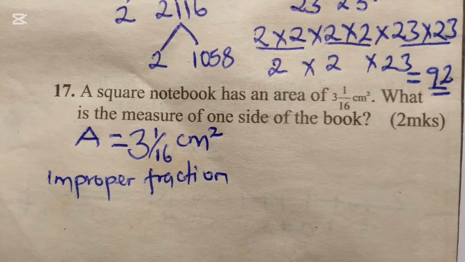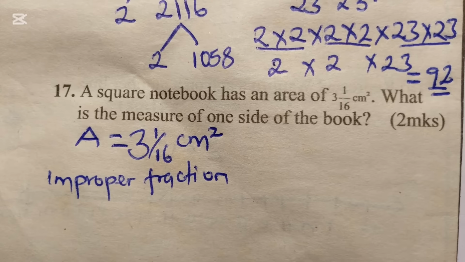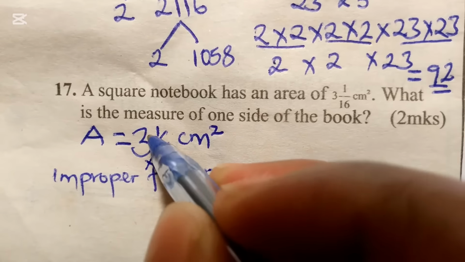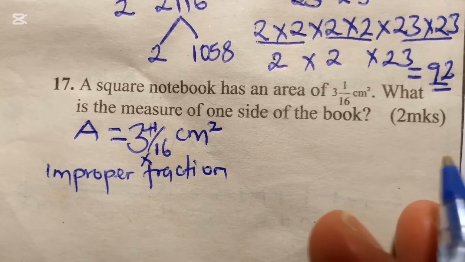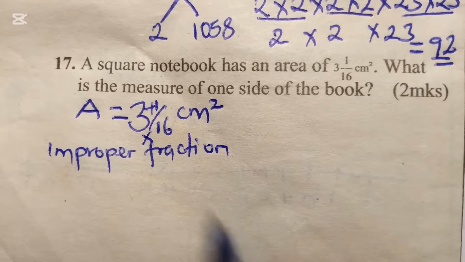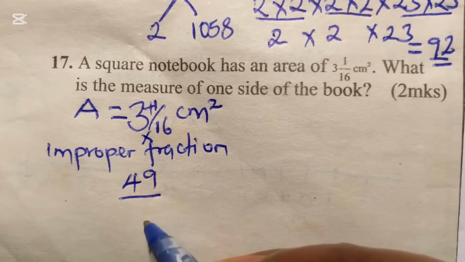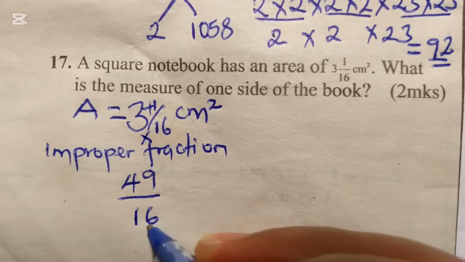So converting these will have 16 times 3, which is 48, then plus 1. We multiply the denominator with the whole number, then we add the numerator. That's how we convert. So this will be 49, and then the denominator remains over 16.